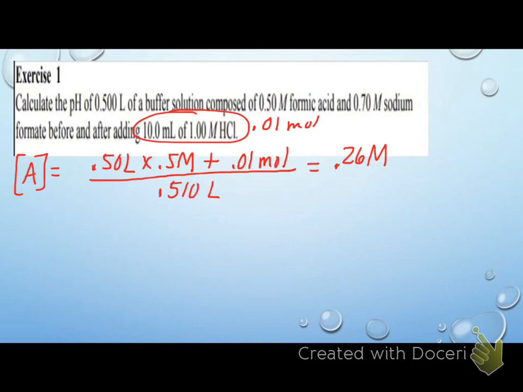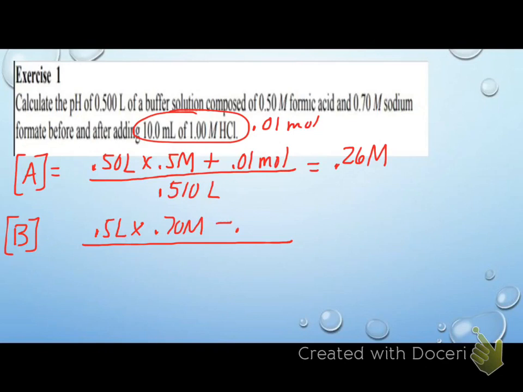Okay? Now for my base, I'm going to have that 0.5 liters times 0.70 moles. Now what do I need to do with that 0.01 mole of acid? Subtract. Why is that? Because for my base, it's going to subtract out however much I added because they're going to react together and form water.